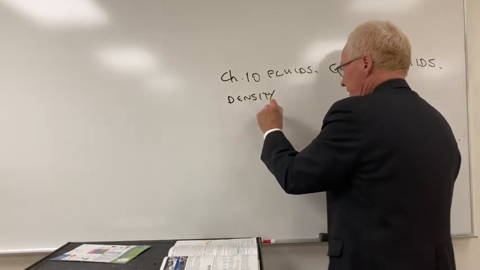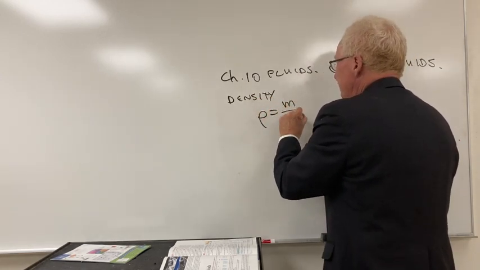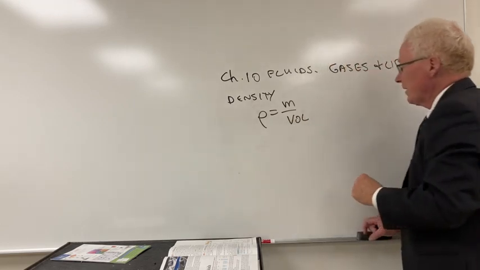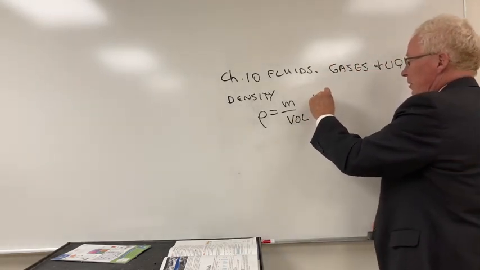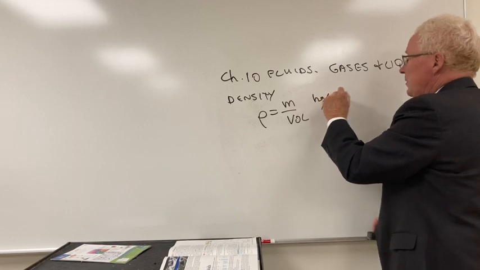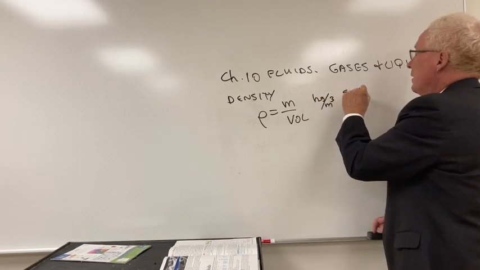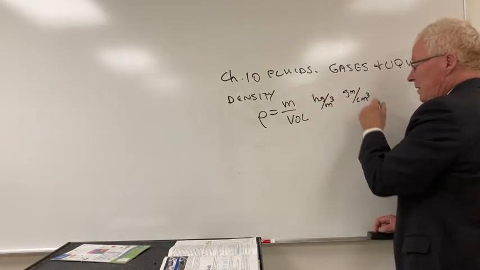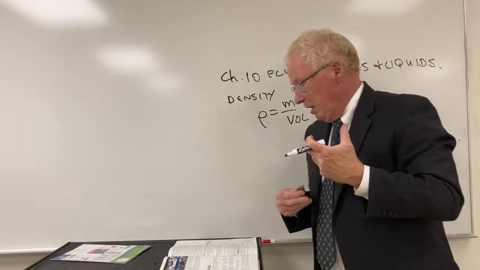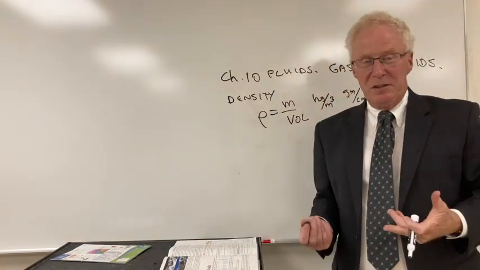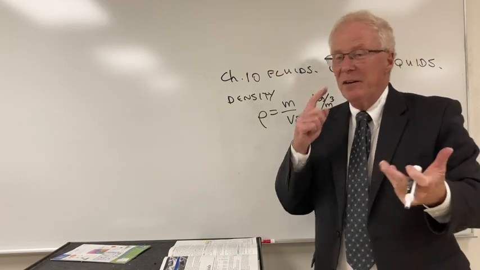Again, density is mass over volume. All right, and again, this is either in kilograms per meter cubed or grams per centimeter cubed. And we have the table, so you should be somewhat aware of what the relative densities are as far as everything compared to water.